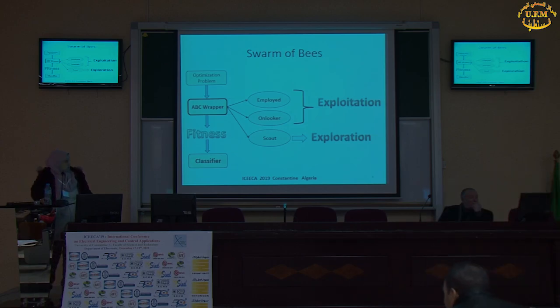Exploration is about finding a new solution to diversify the population and avoid getting stuck in local optima, and this way obtain the best result by balancing between exploitation and exploration.